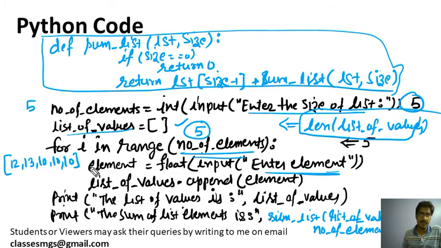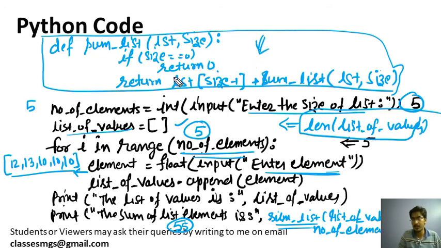These values will be added into the list. Then we will pass this list to the sum of list function, and it will recursively add those elements and print the value 55 as output. I have already explained how this recursive call will happen.